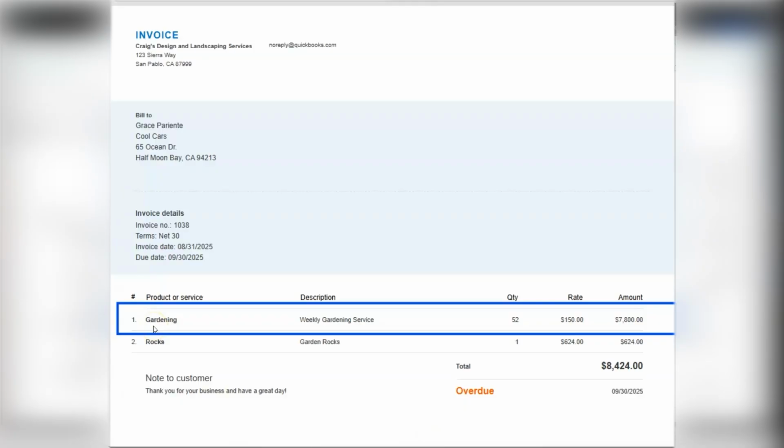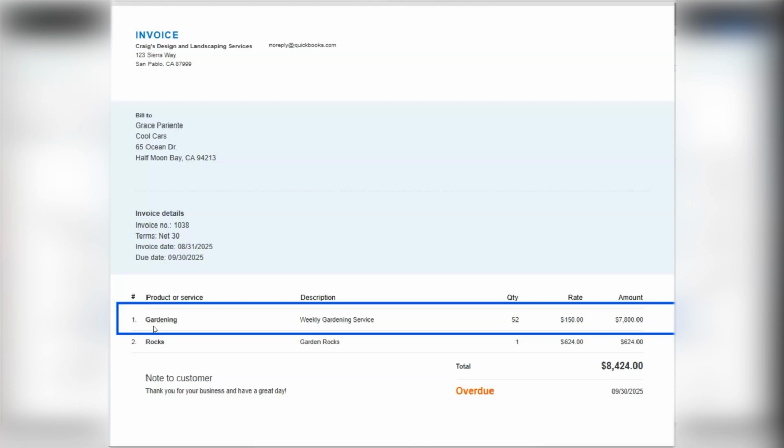Now here we can see an invoice that includes 52 weeks of gardening services, and this full $7,800 was included in our income. Now clearly we have not yet delivered that service, therefore we have not earned that income. That's typically something you'll see more often in a SaaS company, but the sample company does landscaping, so I decided to invoice Cool Cars for a full year's landscaping.